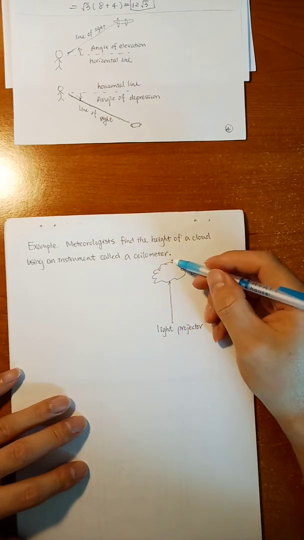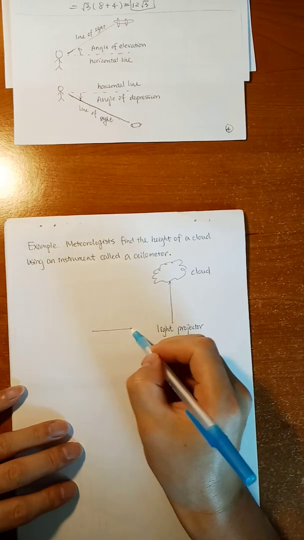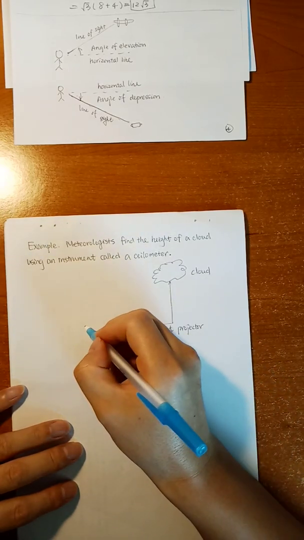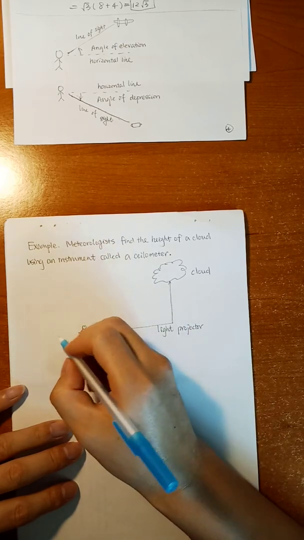And then at a certain distance from the light projector, there's some equipment called a light detector.